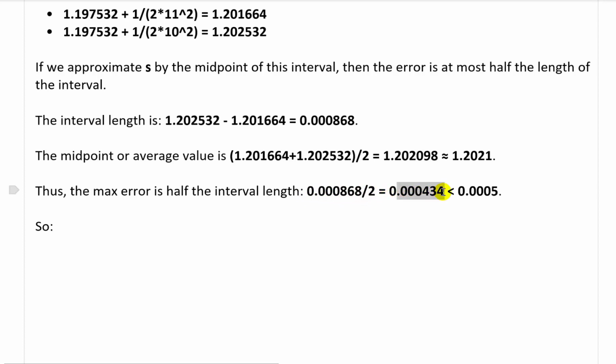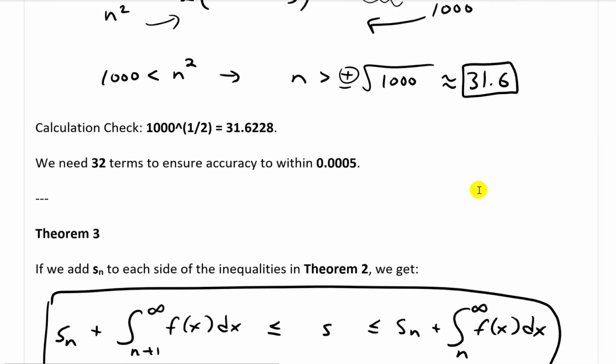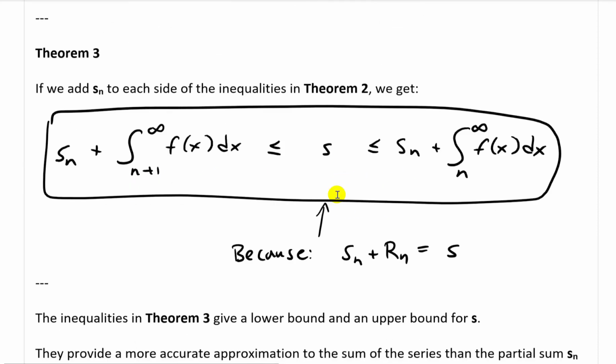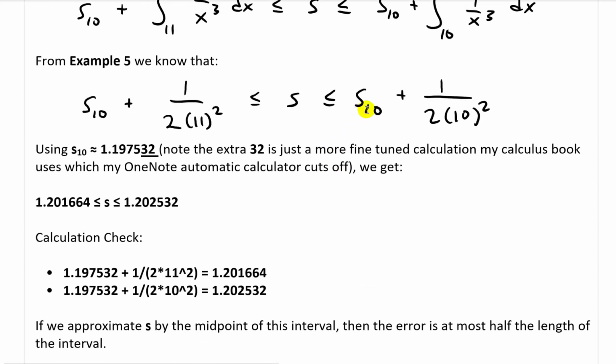Let's check it again for completeness. And there it is, the automatic calculation. Note that this is less than 0.0005, since there are 3 zeros and then a 4. Recall that in example 5, we needed 32 terms to ensure accuracy of 0.0005. Here, notice we're just using 10 terms.